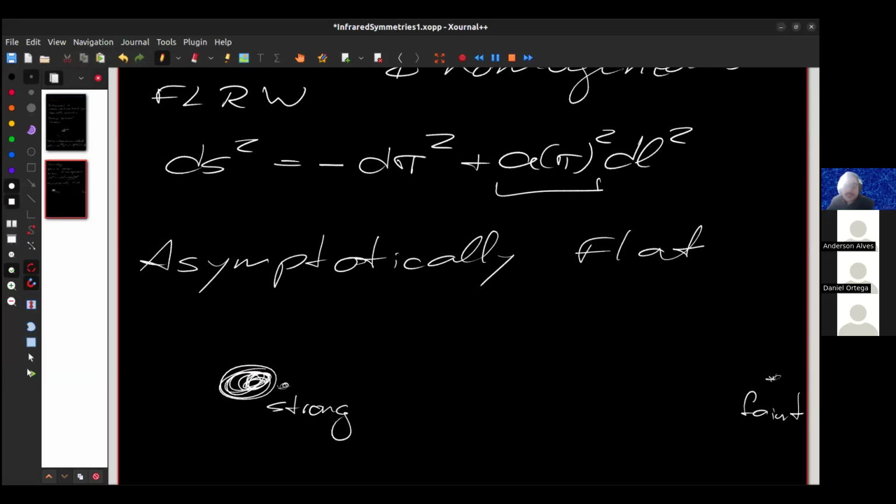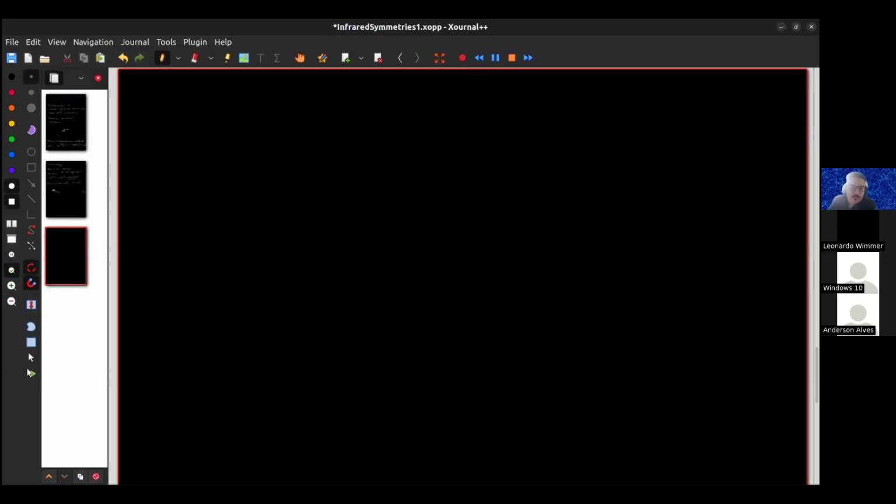So the symmetries that I have very far away from that source should somehow resemble the Poincaré symmetries of Minkowski spacetime. So in Minkowski spacetime, the symmetries we have are related to the following. We have one symmetry, which is time translation symmetry. This is the symmetry in which time can pass and you don't see the difference. Minkowski spacetime does not change as time passes.